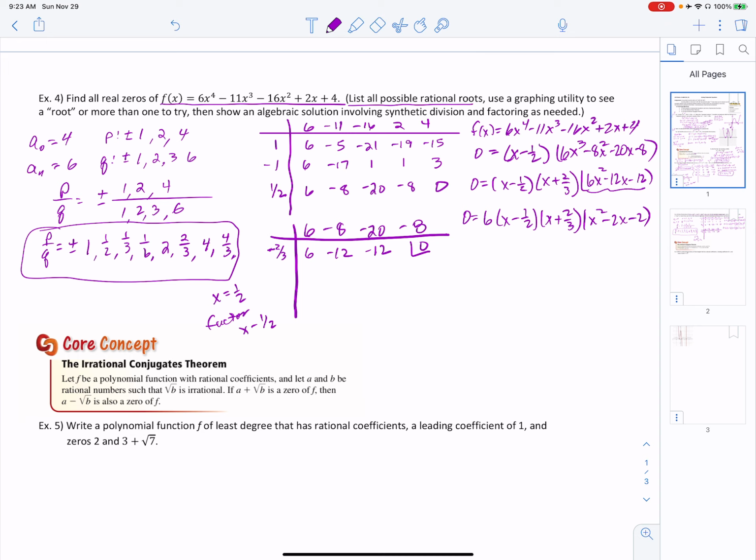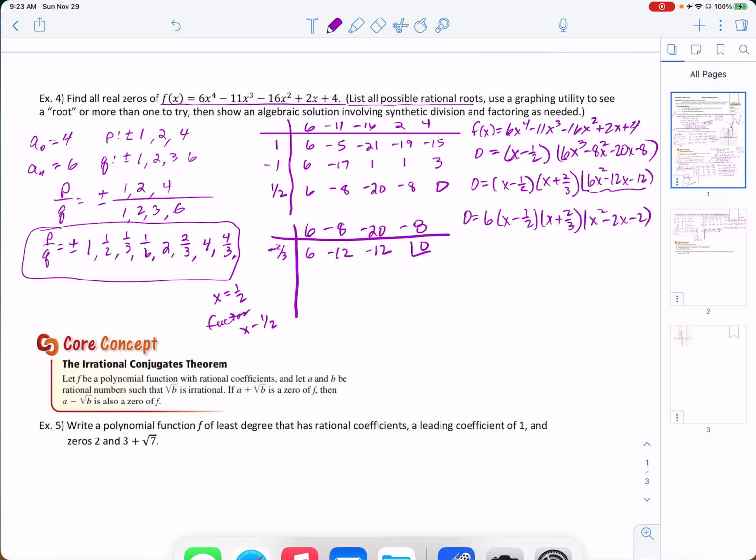And I can try factoring x squared minus 2x minus 2, but it is not going to factor under the rationals. And those were those two values, something like 0.732, negative, positive, on that graph.